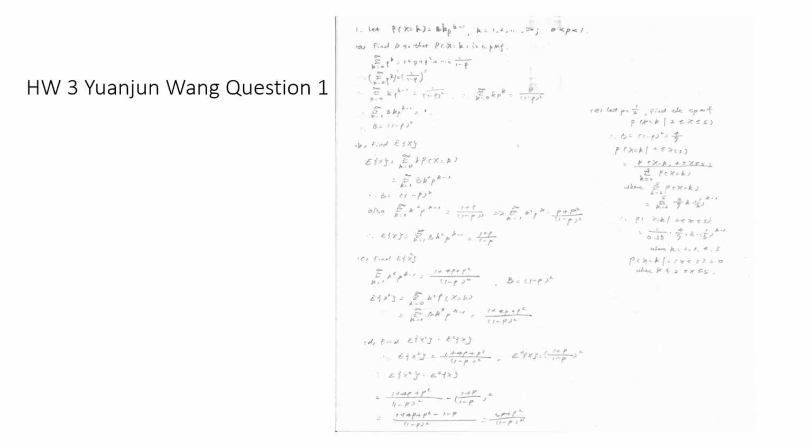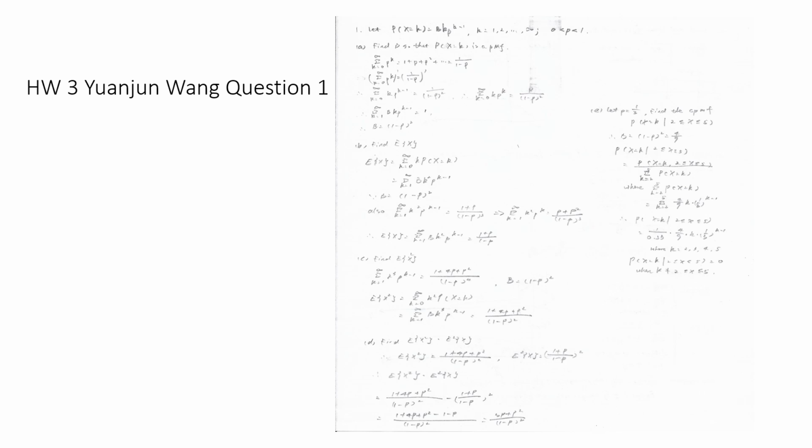And we already know b is equal to 1 minus p to the square. So the EX squared is equal to the summation k equals 0 to infinity of k squared times probability of X equals k, which is just 1 plus 4p plus p squared over 1 minus p squared.